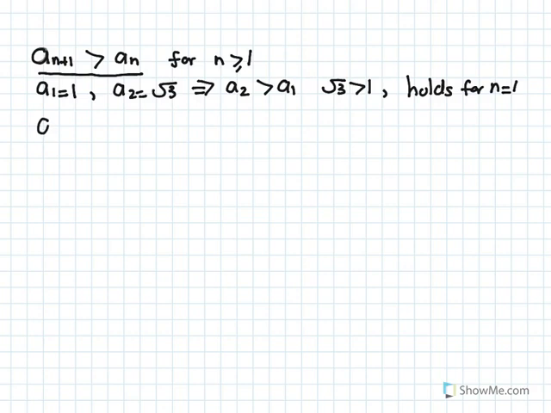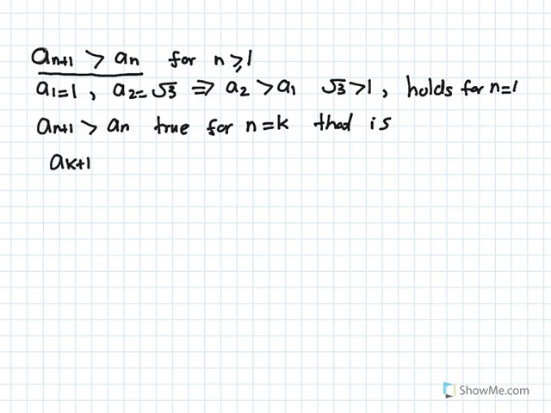Now let's assume that a_{n+1} larger than a_n is true for n equals k. That is, a_{k+1} larger than a_k. Now let's look at a_{k+1}. a_{k+1} is equal to the square root of 2 plus a_k.